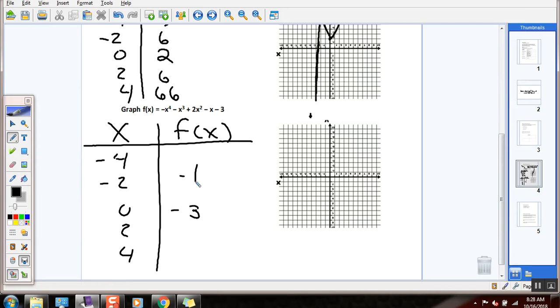Positive or negative? -159. Yeah, I like -159, Annika.